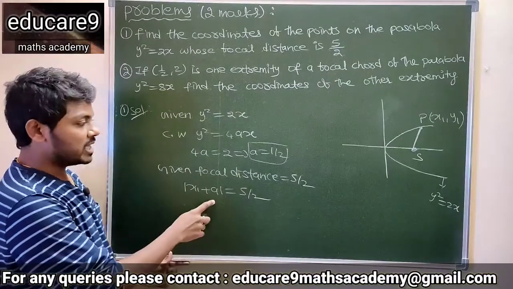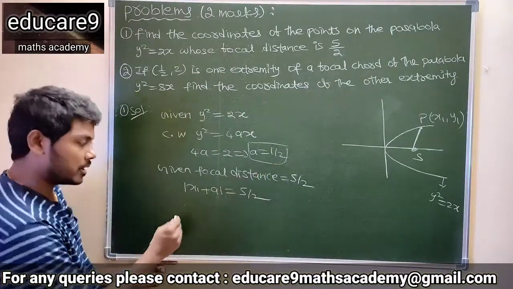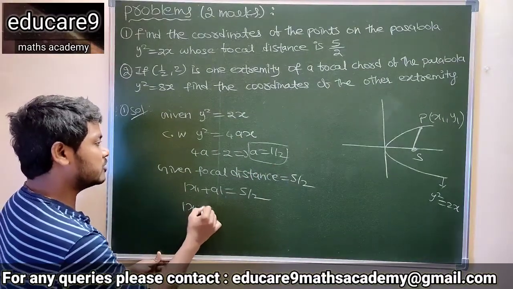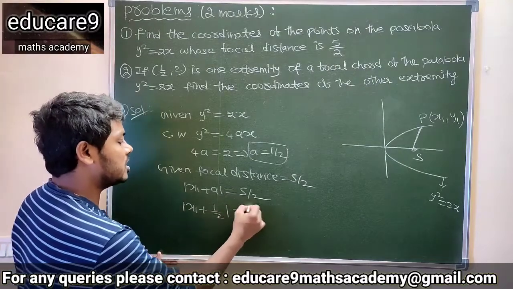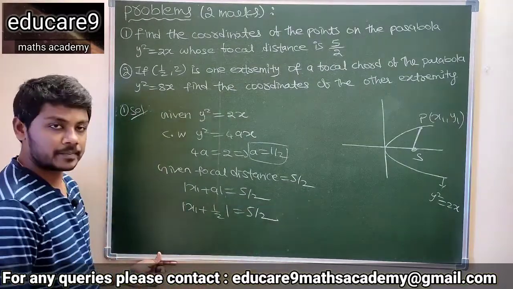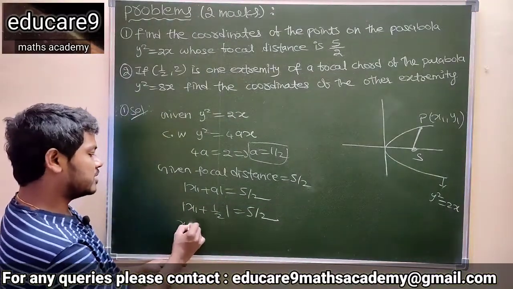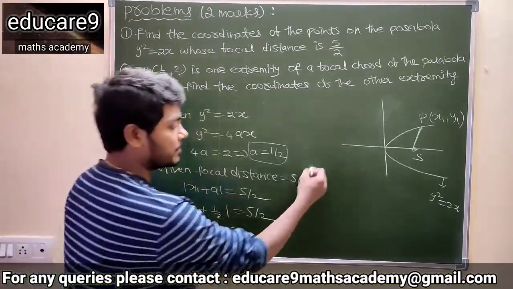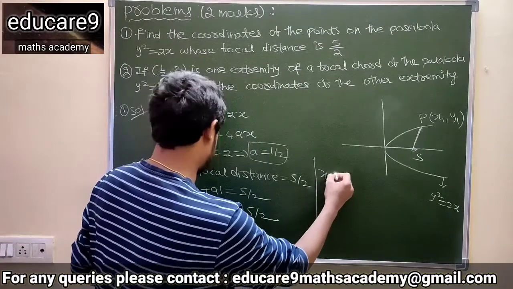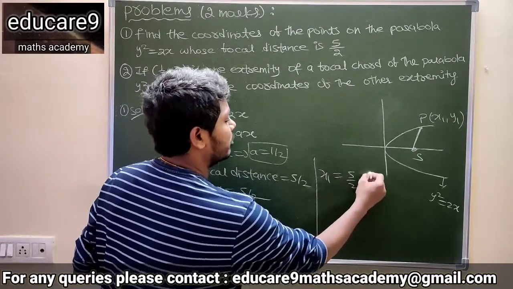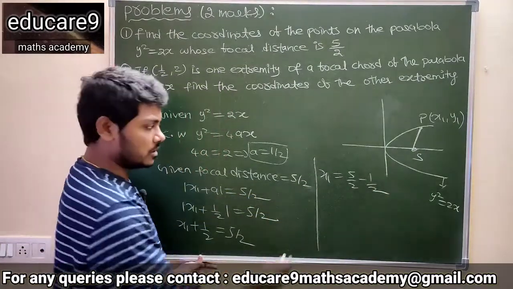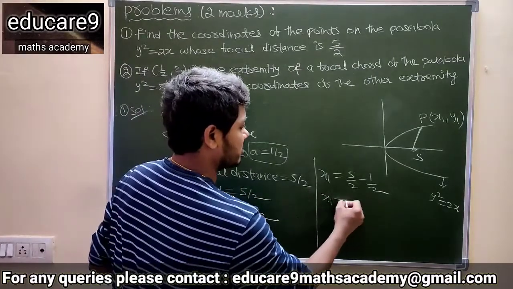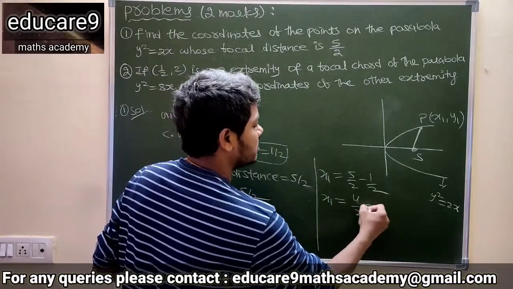Now what is the a value? 1/2. Substitute here: modulus of x1 plus 1/2 equals 5/2. So clearly, x1 plus 1/2 equals 5/2. Therefore x1 equals 5/2 minus 1/2. So the value of x1 is 4/2, which equals 2.